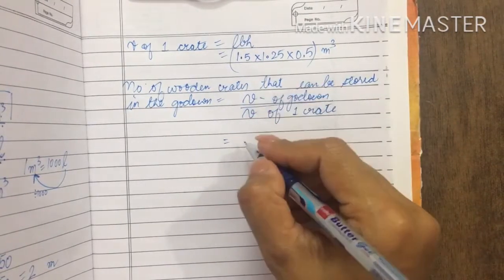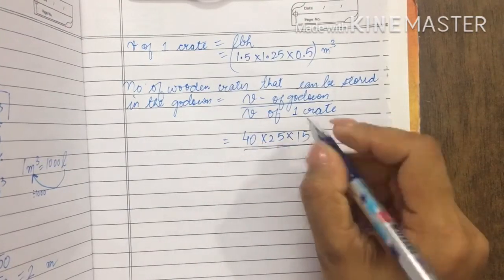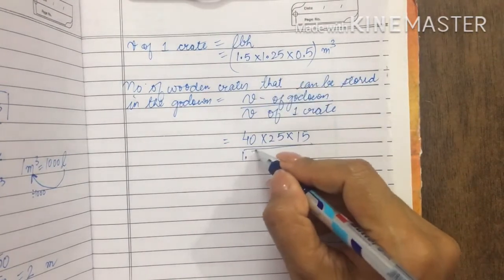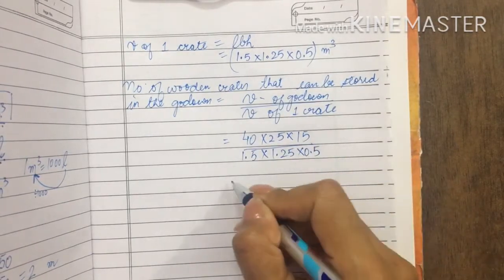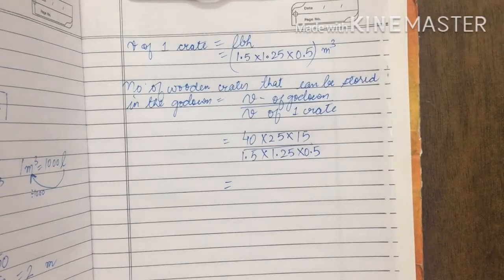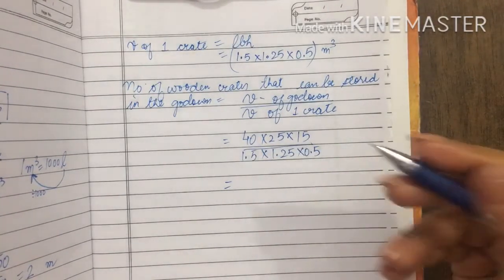So the volume of the godown was the product of its dimensions, and the volume of one crate is the product of the dimensions of the crate. I avoided my multiplications before. I'll be using these simplified values for calculation.